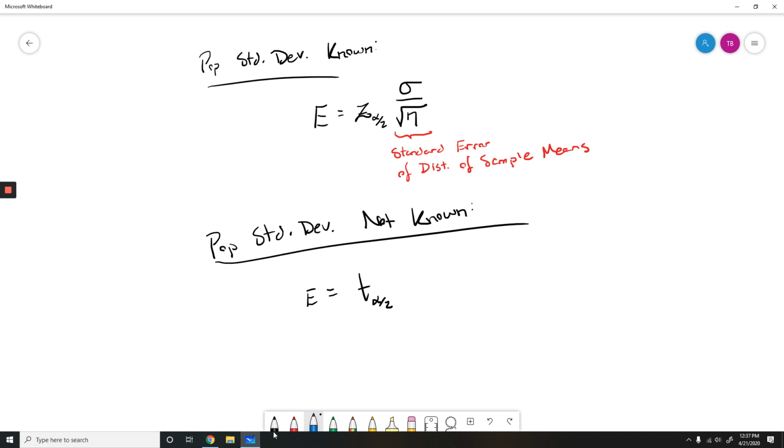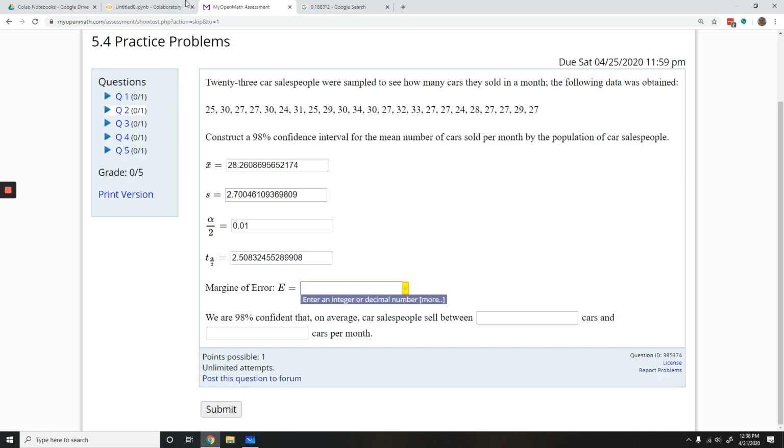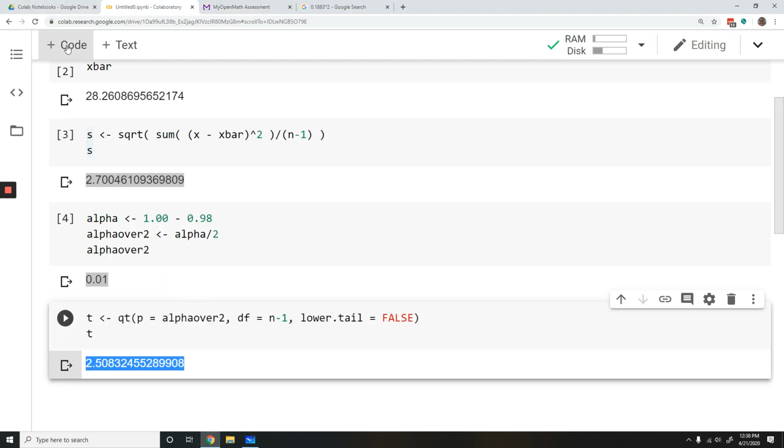And instead of the population standard deviation, we have to estimate that quantity with our sample standard deviation s. So it looks almost the same. It's the same idea if you know what those pieces mean. But this is the formula we're going to use right here because we do not know our population standard deviation. So let's plug in according to that formula.